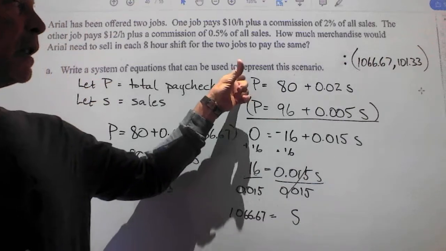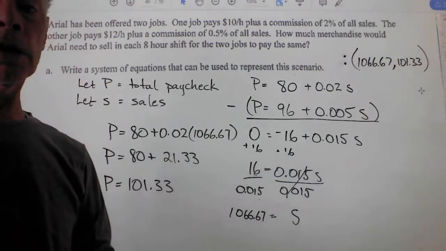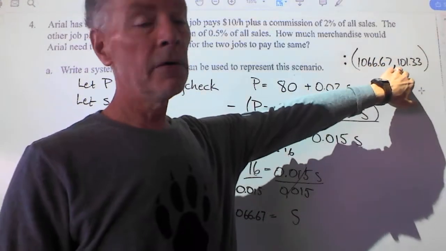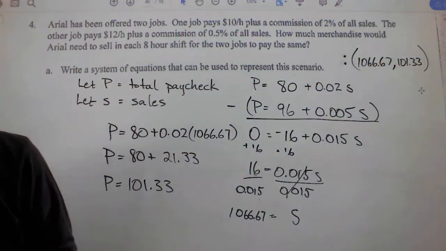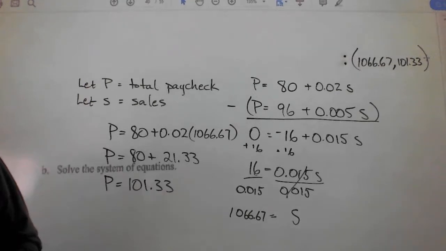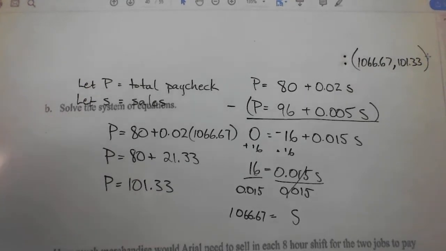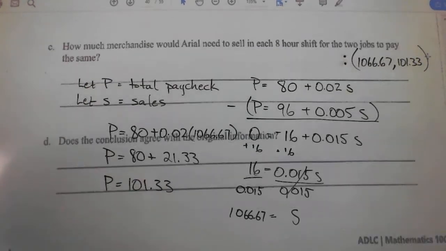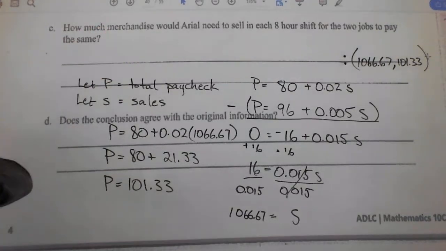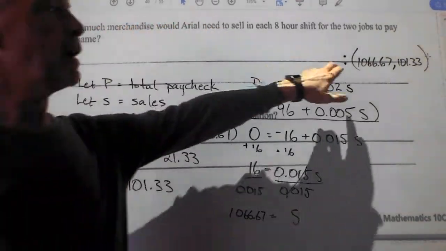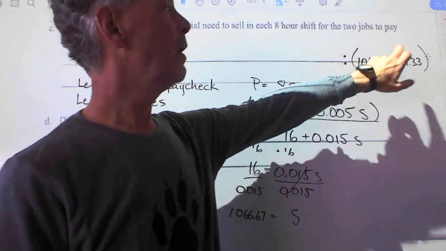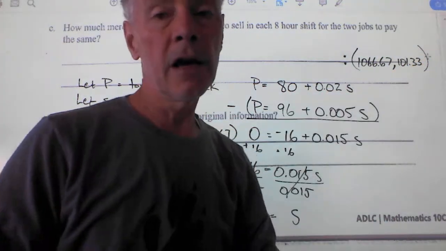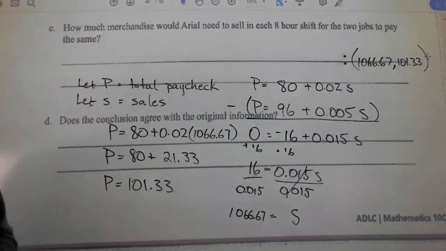So if you were to plug both of these into your graphing calculator and find the point of intersection, it would be right here. Okay? So we've solved the system of equations. We've figured out how much she would have to sell. She would have to sell $1,066.67 for both jobs to pay $101.33.